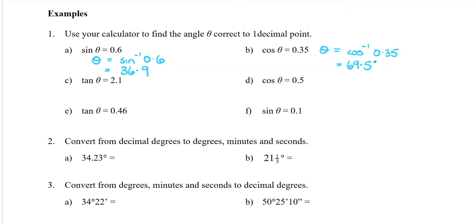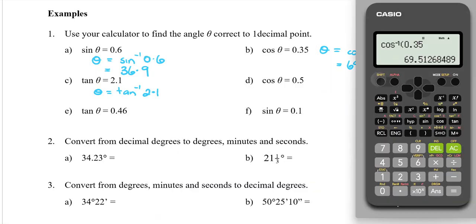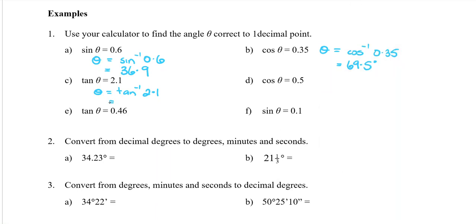That's degrees, that's an angle. You don't have to write the degree symbol though. Doing it again for C. To get the theta, I'm going to move the tan across, which means it becomes an inverse tan of 2.1. And we type it in. Shift tan of 2.1 is 64.5.